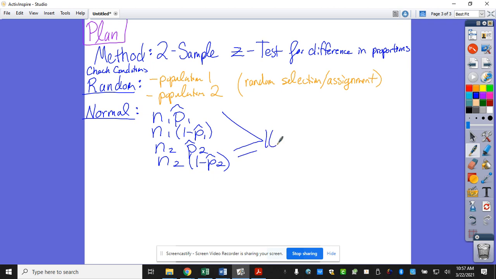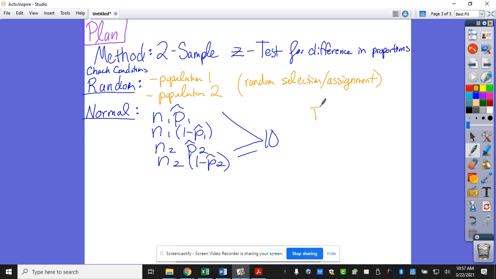Each of these are greater than or equal to 10. Like I said, sometimes I just shorthand it and write that all of them are greater than or equal to 10. I still want you to write out in context. But this is where I would do the box of there are at least 10.